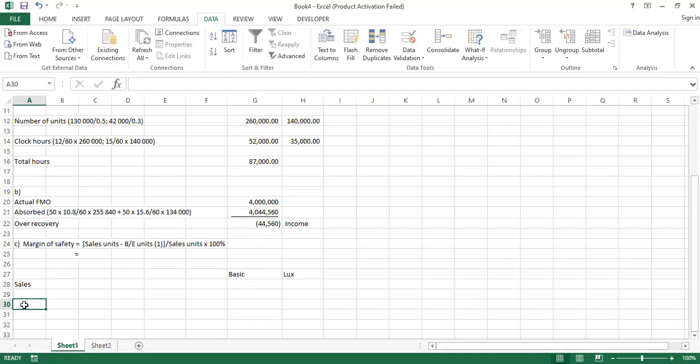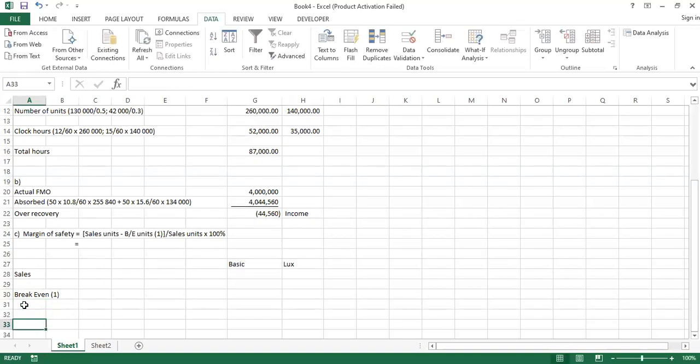So we can put our break-even right here, and we already indicated that it's going to be calculation number 1. And then from there you can have margin of safety right there. This margin of safety is going to be based on this calculation, but we are just going to write it up there on Excel.